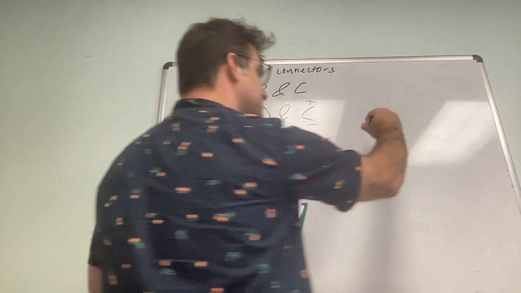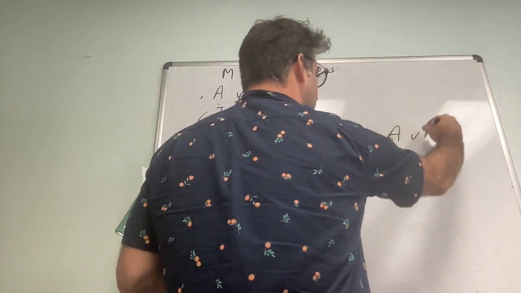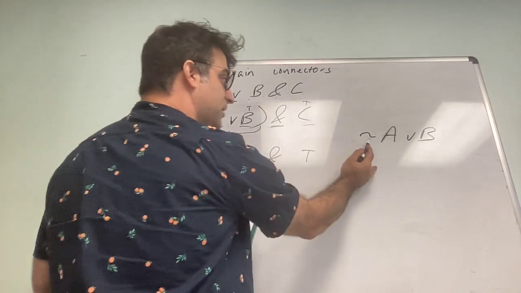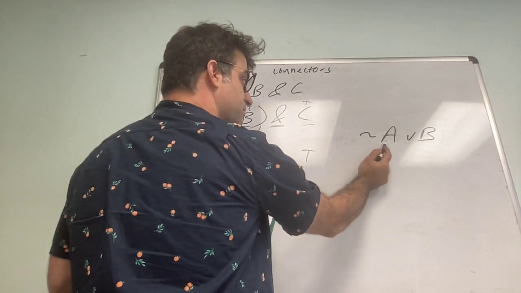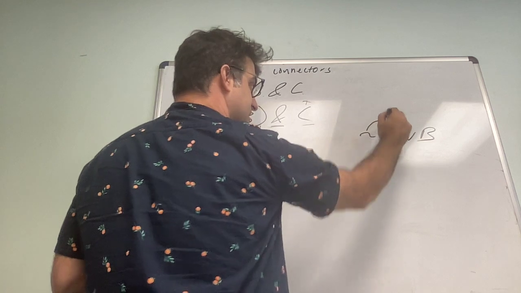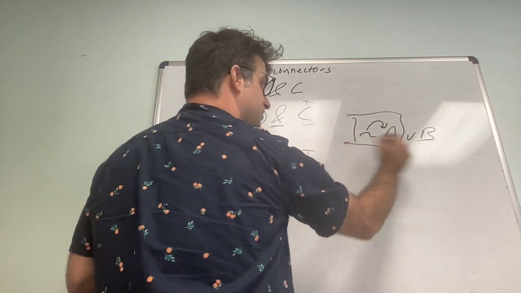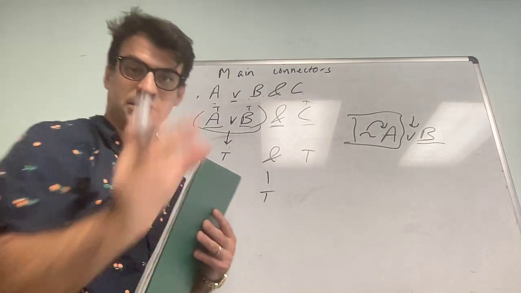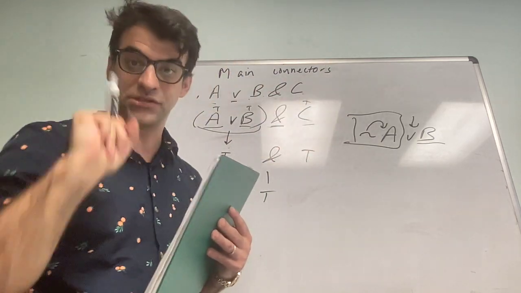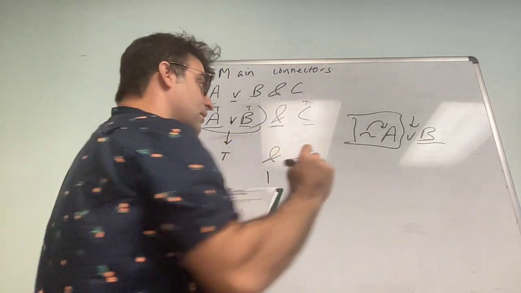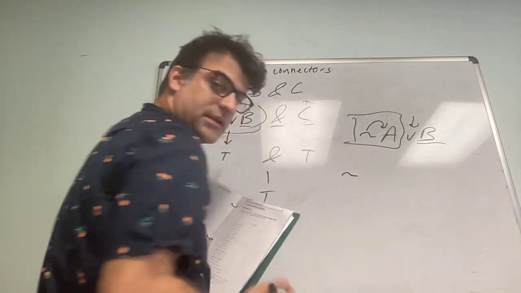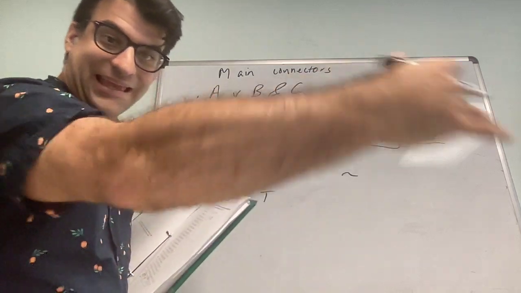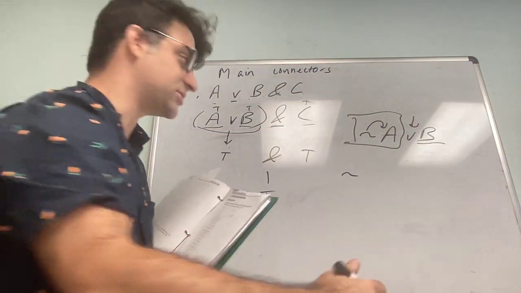Right, so if you have this, not A or B, okay, there's no punctuation between this negation and what's next to it. So it just negates this. Okay, so this is a unit, and your or is the main connector. This says A is false or B is true. Okay. When negation is next to punctuation, it negates everything within that punctuation.